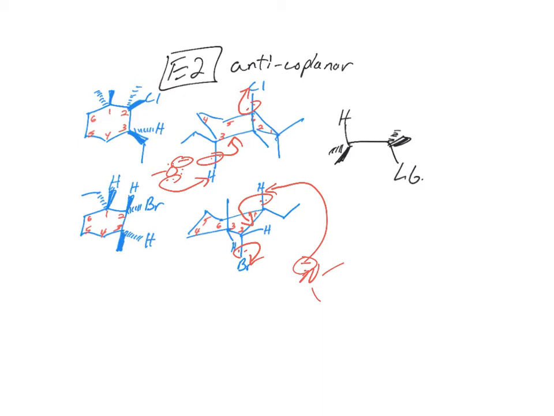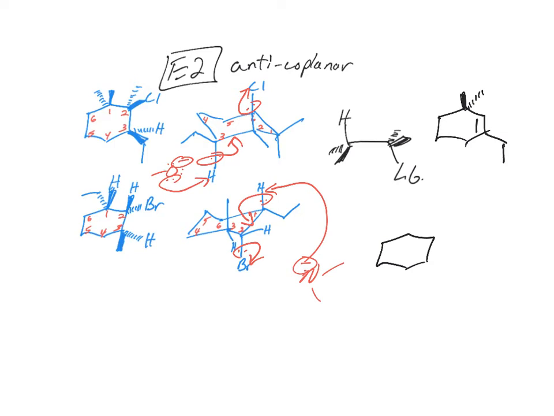What do those products look like? You can draw them as flattened structures or as chair structures. I'll draw them as flat structures with wedges and hatches. So carbon 1 still has that. There's a pi bond. There's a methyl there.